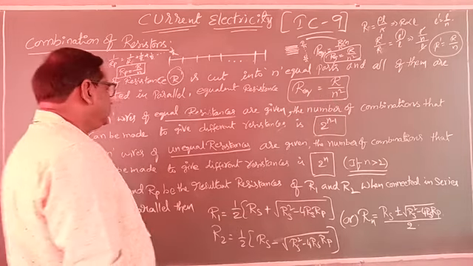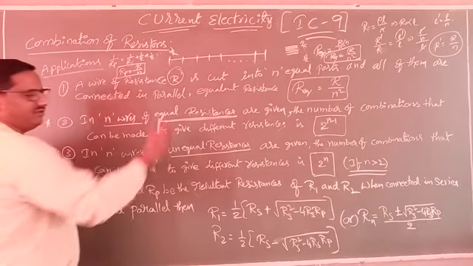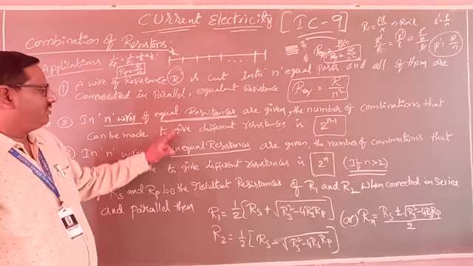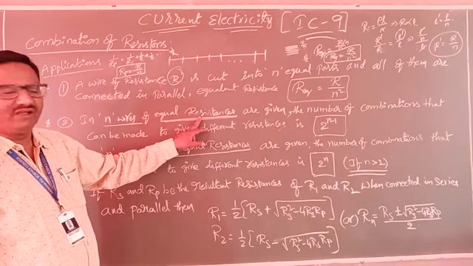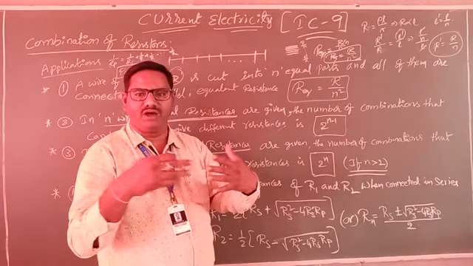Similarly, if we have n wires of equal resistances, each and every wire has equal resistance, and we consider the number of combinations in which they can be arranged.